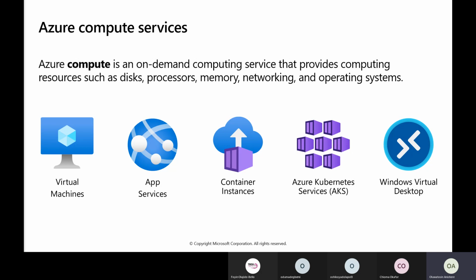Now let's also look at App Service, the next one on the screen. Now this App Service is under PaaS, platform as a service. With App Service, you can quickly build, deploy, and scale enterprise-grade apps. You can do your mobile app.